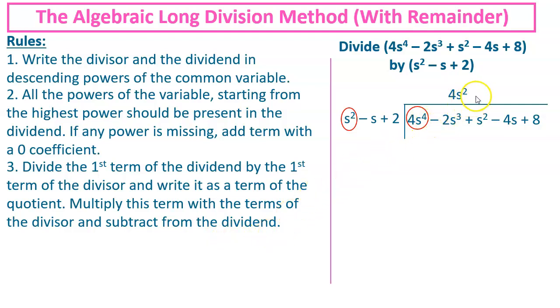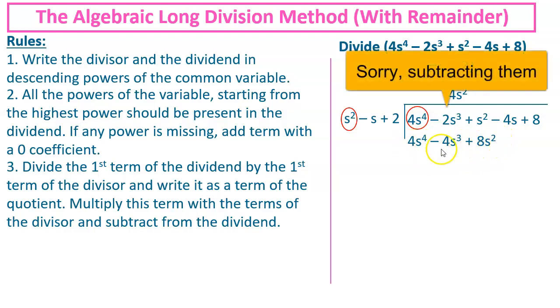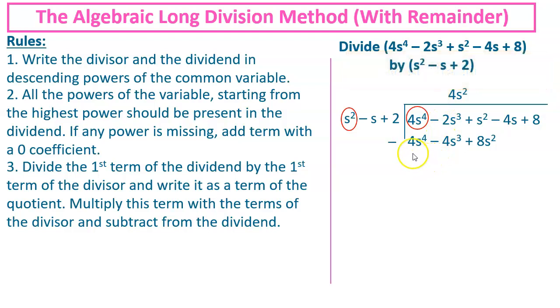So 4s to the power of 2 times s to the power of 2 is 4s to the power of 4. 4s to the power of 2 times negative s is negative 4s to the power of 3. And 4s to the power of 2 times positive 2 is positive 8s to the power of 2. We will be subtracting the second line from the first line, so the signs of the terms of the second line will be changed.